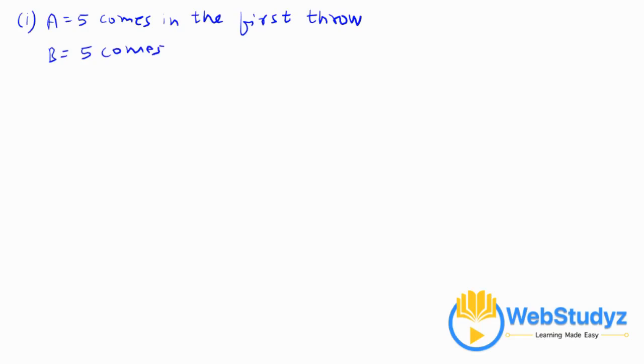So for first we can write that A will be the event when 5 comes in the first throw, and B is the event when 5 comes in the second throw.